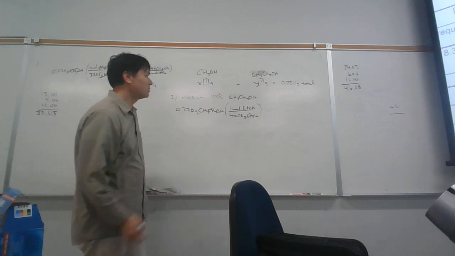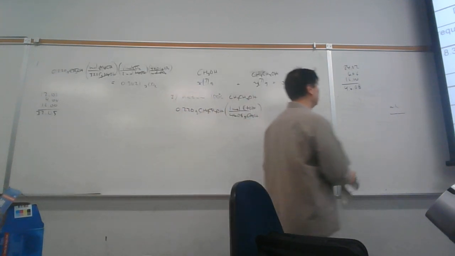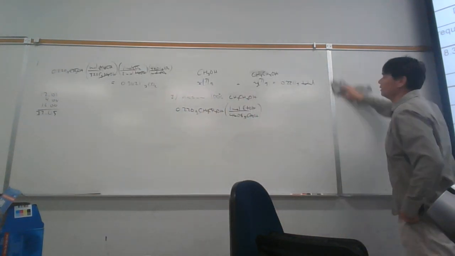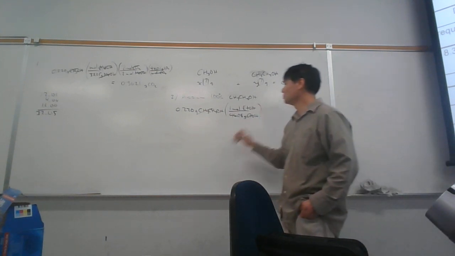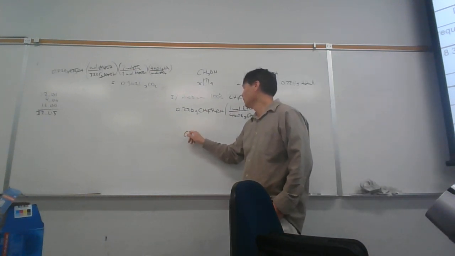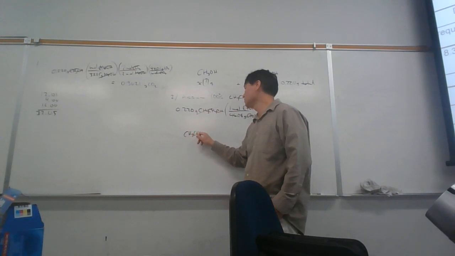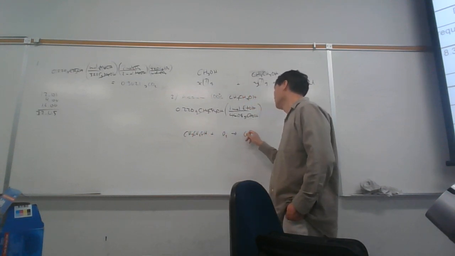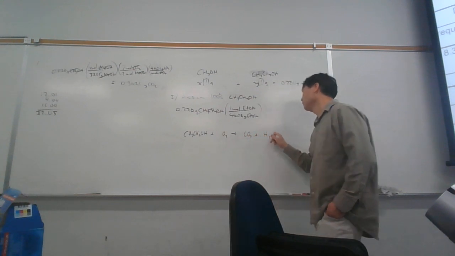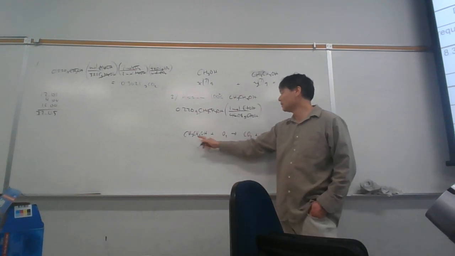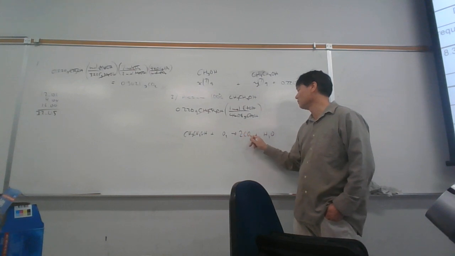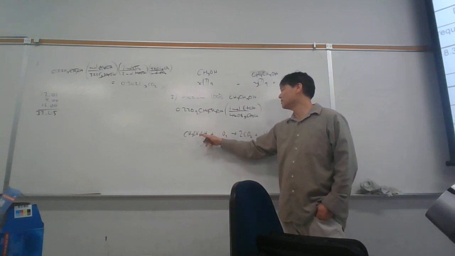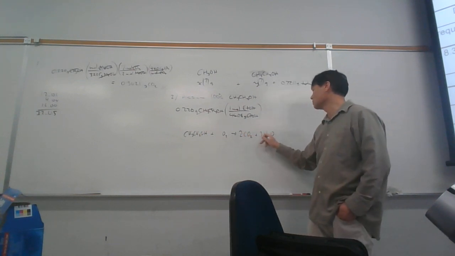But now I need the balanced chemical equation because I need to know the mole ratio between ethanol and CO2. So I'm going to write out the formula here. CH3CH2OH plus O2 yields CO2 plus H2O. In this case I have 2 carbons, so I'm going to need 2 CO2s. And then I have 6 hydrogens, so I'll need 3 waters.